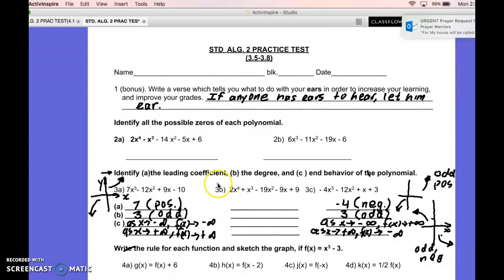So you go ahead and do this one. This one is even degree and positive. So just to review with you quickly, even positive would go like this. Even degree like 2, 4, 6, 8, and negative leading coefficient would look like this.